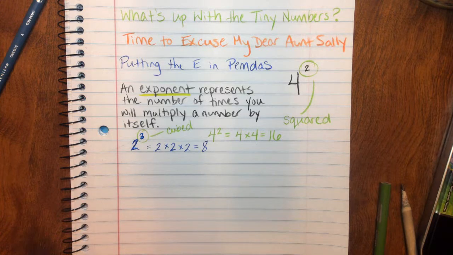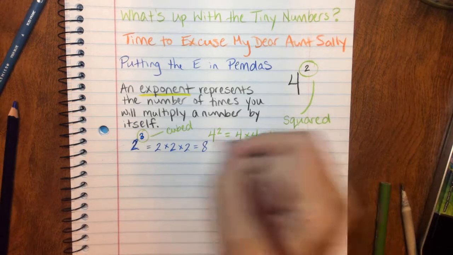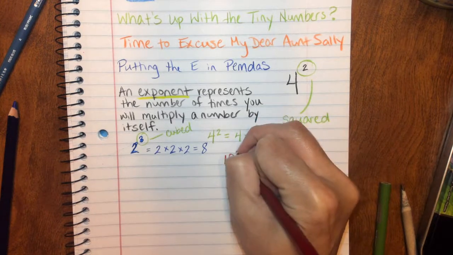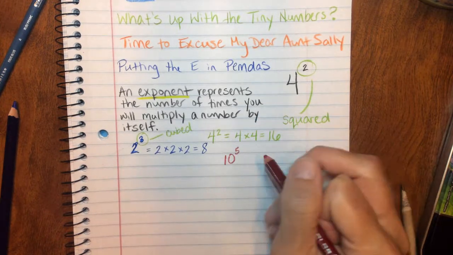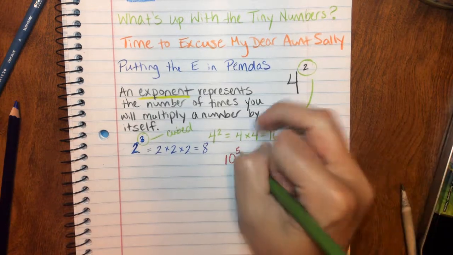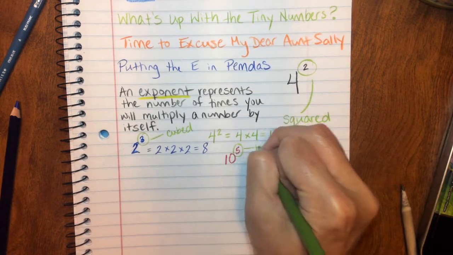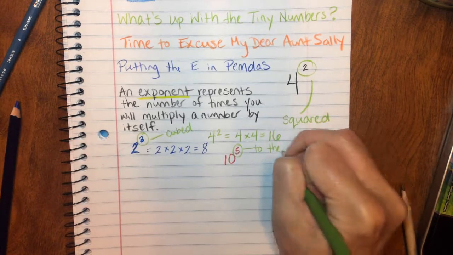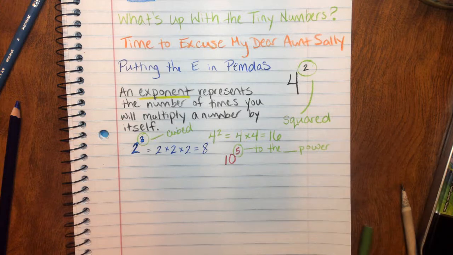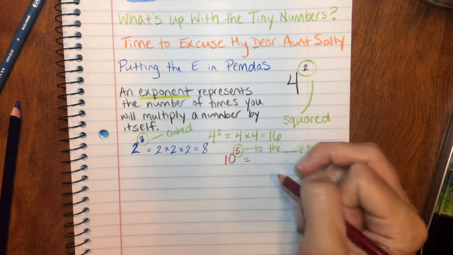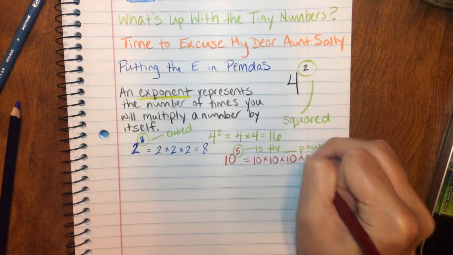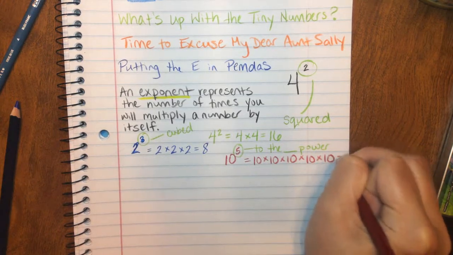But you don't have to just have 2s and 3s. You can do any number, really, okay? And anything above 3, you just say to the blank power, okay? So to the 5th power, okay? So 10 to the 5th power is 10 times 10 times 10 times 10 times 10, okay?